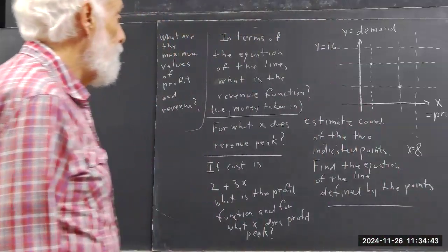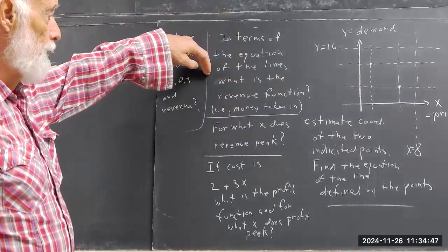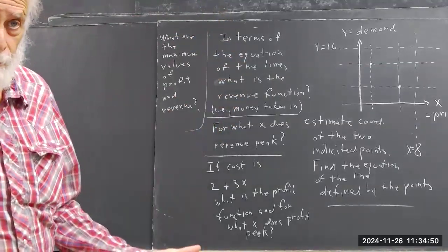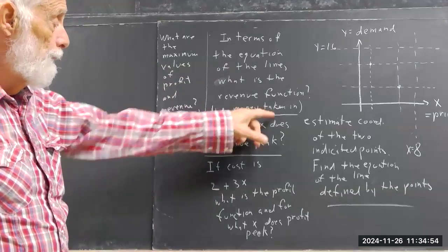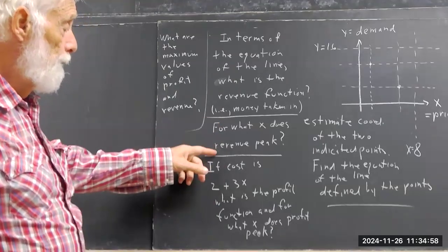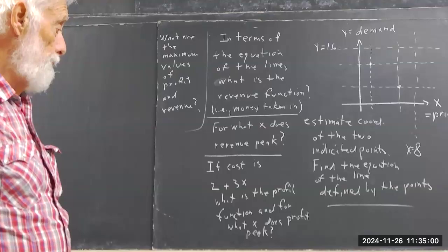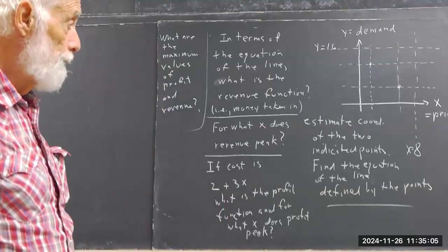Then, in terms of the equation of the line, find the revenue function. What's the revenue function? That's how much money you take in. Then, for what X value does the revenue peak? And so forth. You can read the rest of the questions.